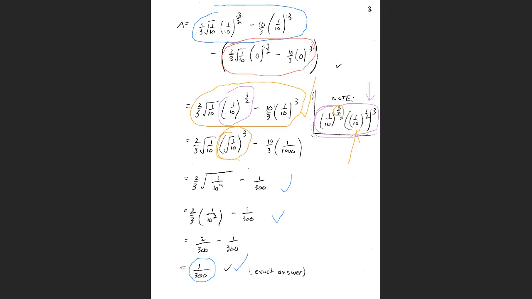That's what WebAssign wants. So it's a very small area, and that makes sense based on the picture, right? The intersection points between the two functions were 0, 0, and a tenth and a tenth.